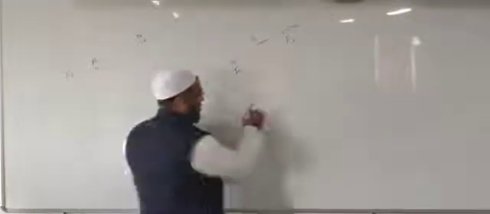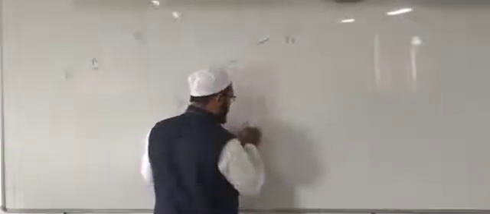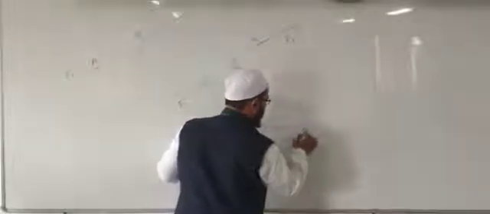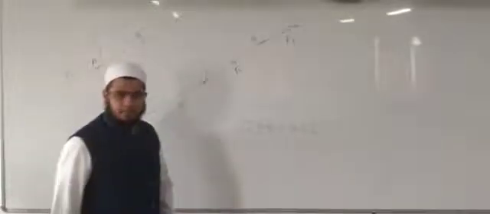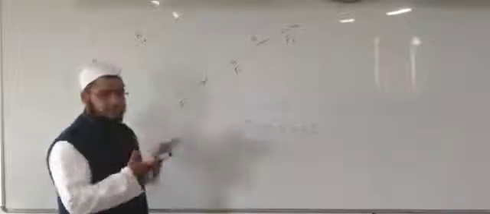It is the same as if A equals B, then 2 plus A is also equal to B plus 2. If you add and subtract on both sides, there is no change.